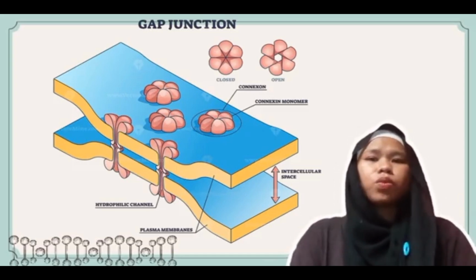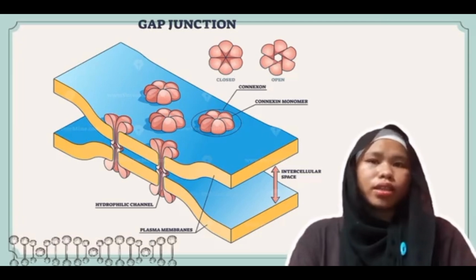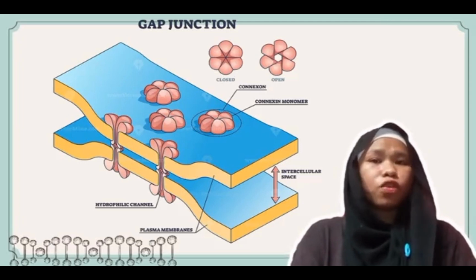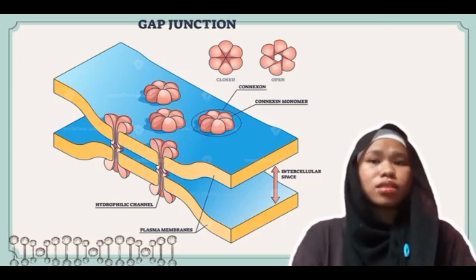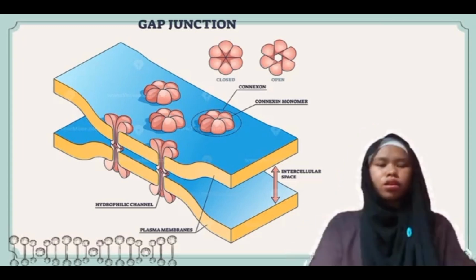So the space between the plasma membrane of adjacent cells is called the gap junction channel, or the hydrophilic channel. This channel is approximately 2 to 4 nanometers wide and is spanned by the aligned connexons from the 2 cells.